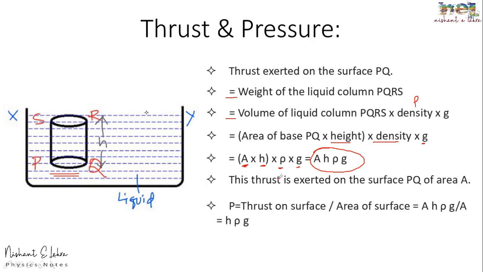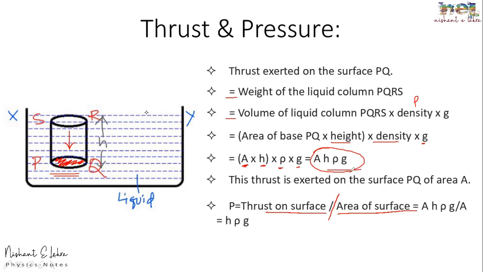Now this thrust or force is exerted where? On the surface PQ of area A. Let me just shade that part so that you understand that there is a pressure there, and that's what we have to find, how much thrust, how much pressure is exerted on that point. Now pressure is equal to thrust on surface by area of surface.